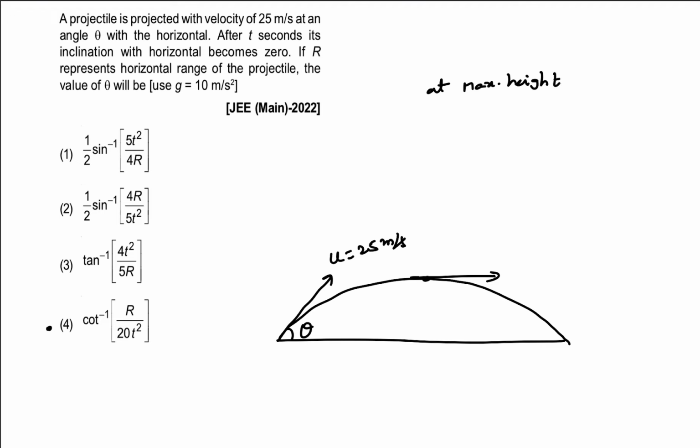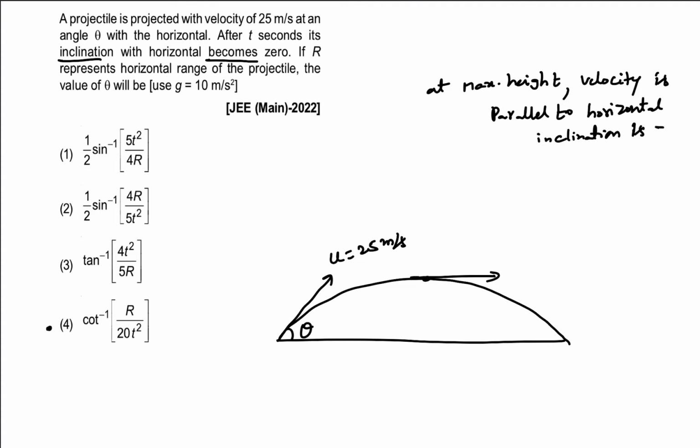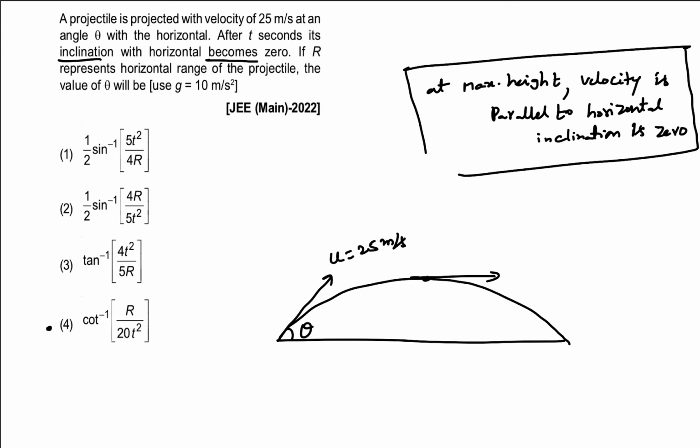Whatever angle theta with the horizontal, after t seconds its inclination with the horizontal becomes 0, meaning the velocity is parallel to the horizontal and the inclination is 0. This is the main point in this question.